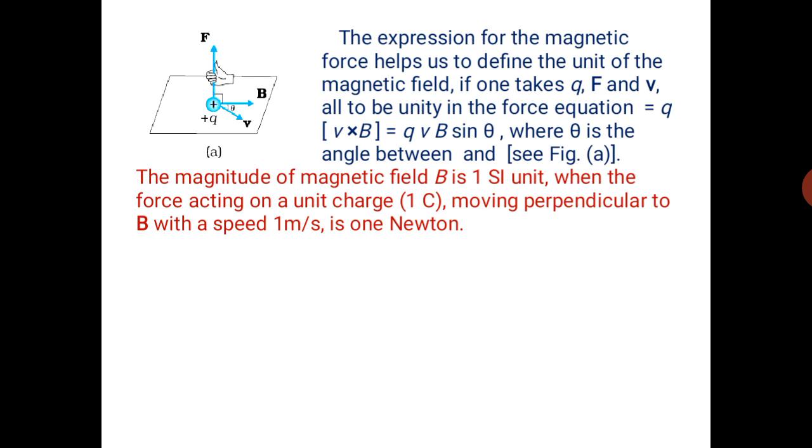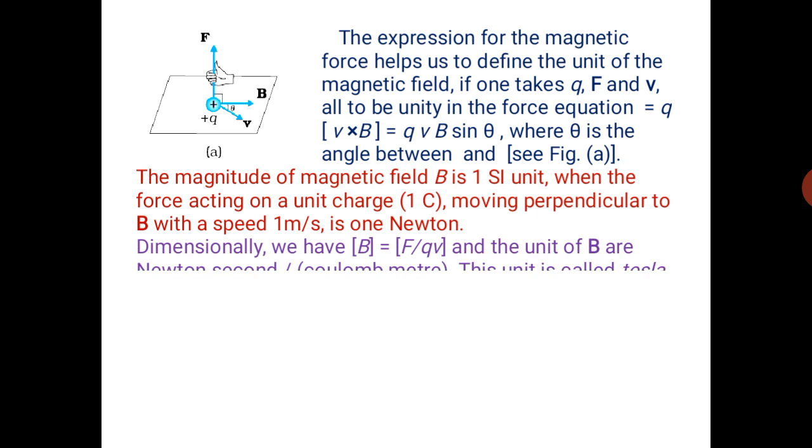So if B equals 1, V and B are perpendicular and Q is 1, perpendicular means theta is 90 degrees, so sin 90 is 1. So V is 1, Q is 1, B is 1, and definitely we will get F is 1, because the magnitude of the magnetic force is QVB sin theta. Sin theta is 1 when V and B are perpendicular. So the force is 1 Newton.